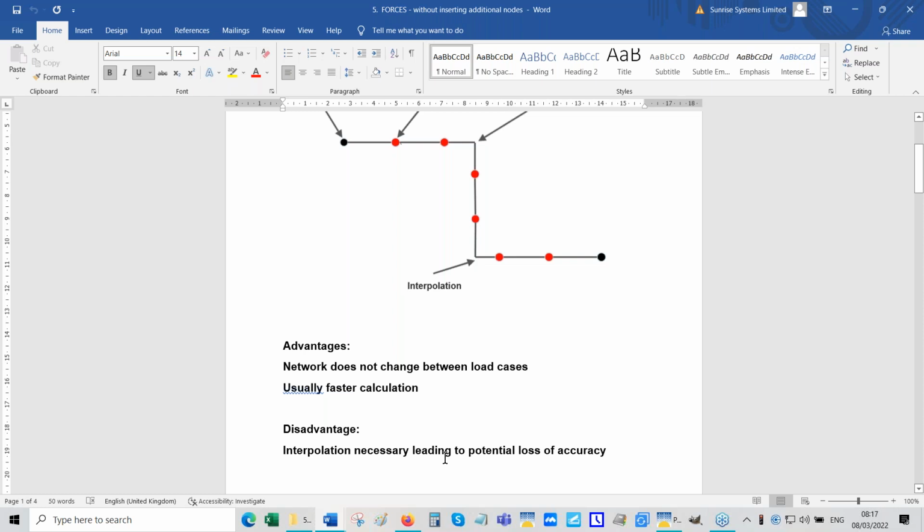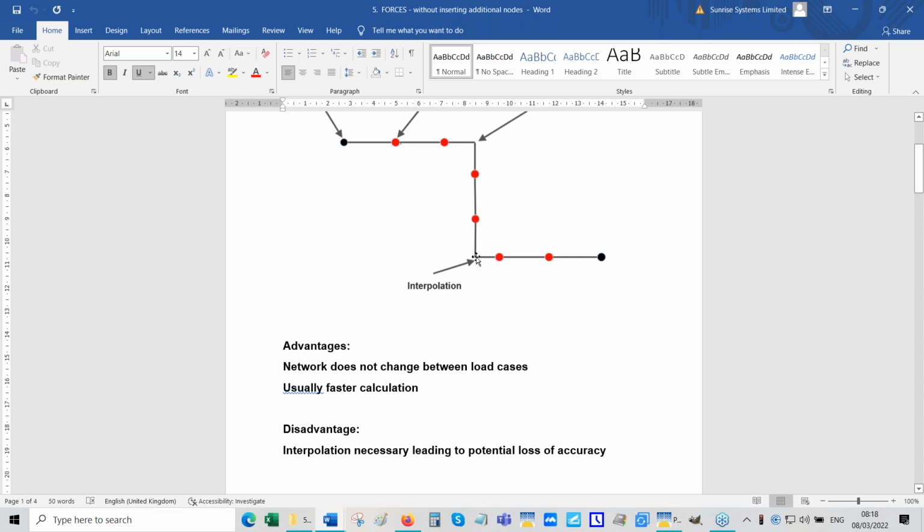This is usually not a big problem because the time step we choose would be short enough to create nodes along this pipe, and so the nodes might be close enough. So the degree of interpolation you do may not actually be that great.